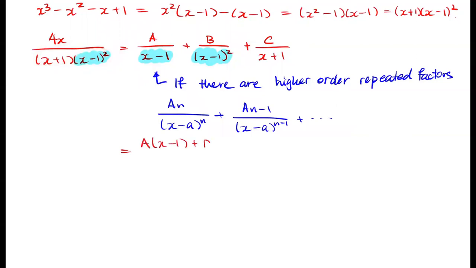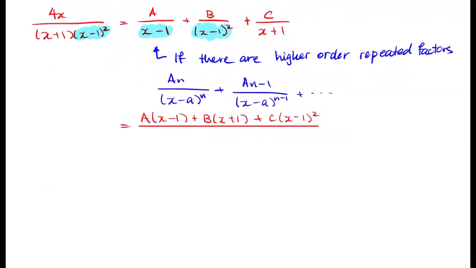The b here is going to be multiplied by x plus 1. And the c is going to be multiplied by x minus 1 squared. And then all of this is divided by x plus 1, x minus 1 squared.